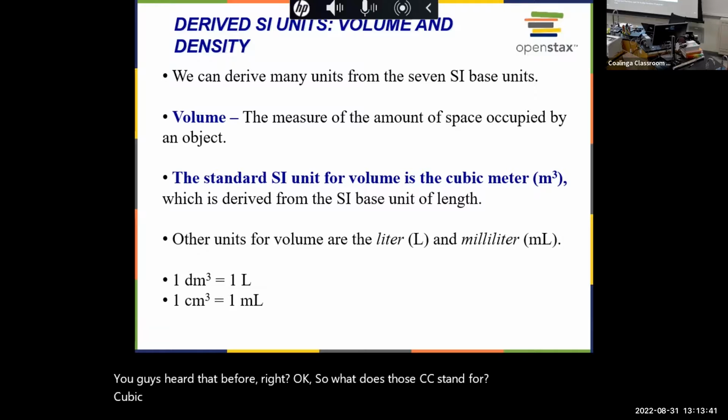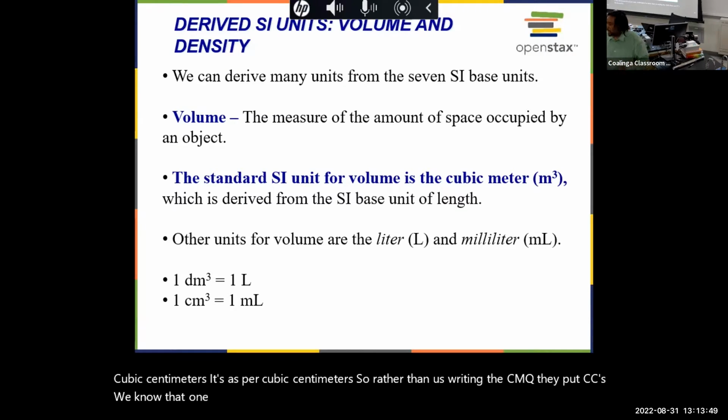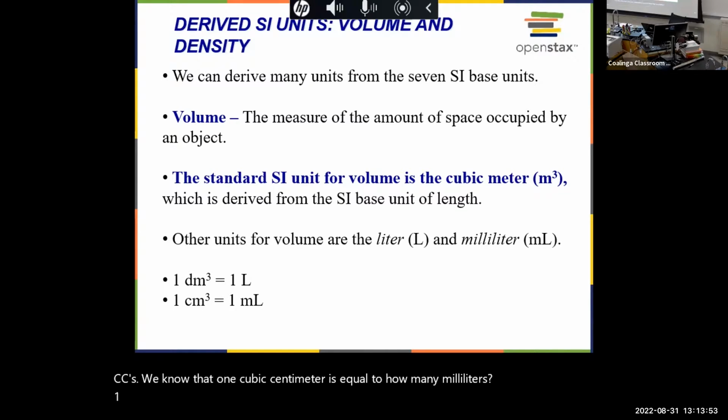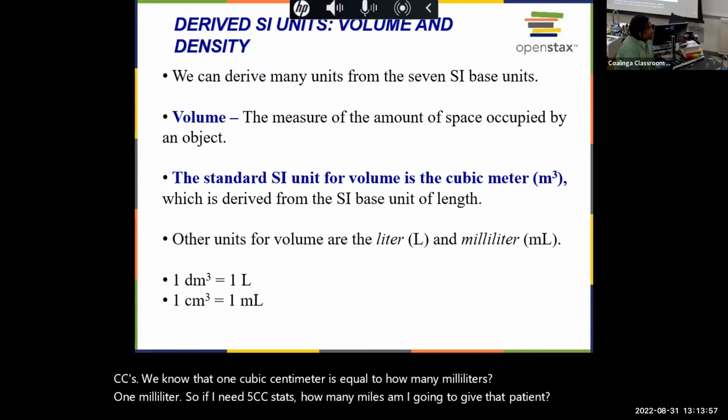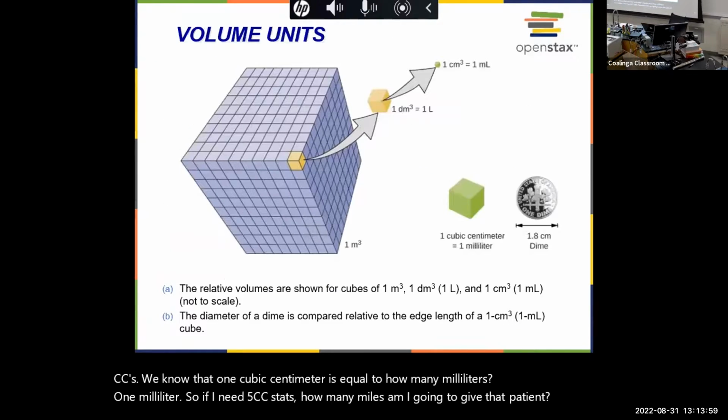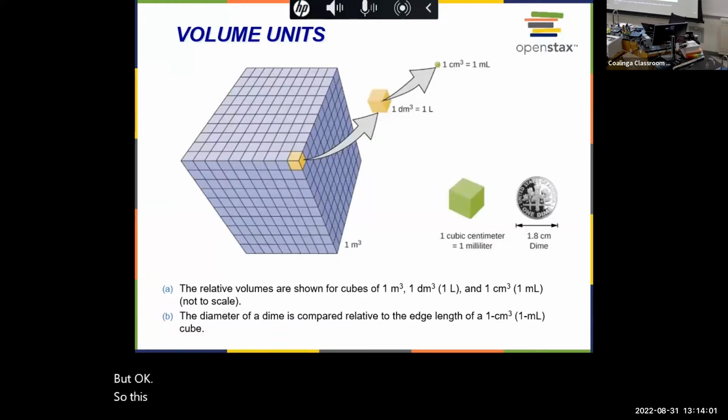Cubic centimeters. So rather than writing cm cubed, they put CC's. We know that 1 cubic centimeter is equal to how many milliliters? 1 milliliter. So if I need 5 CC stat, how many mils am I going to give that patient? 5, right? So this is just showing you the volume, and gives you a perspective of things.